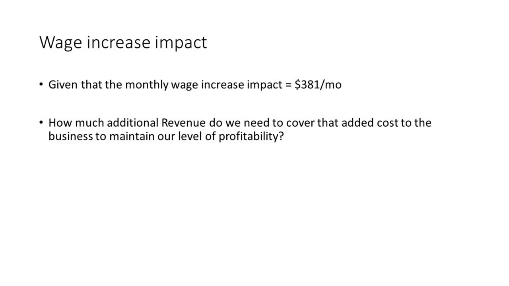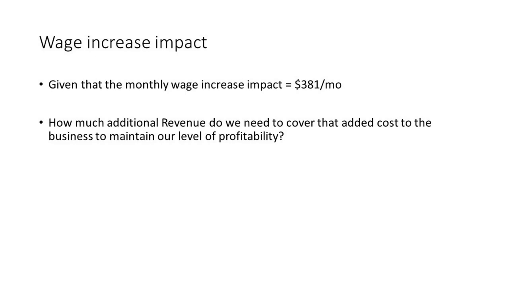And as we just discussed in an earlier video, it's really gross profit that we generate that allows us to pay bills. And one of the bills we have to pay now is this extra $381 that is the impact from the wage increase.